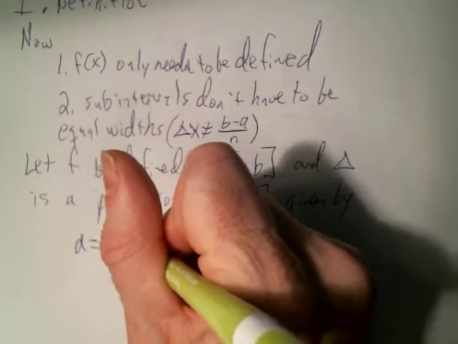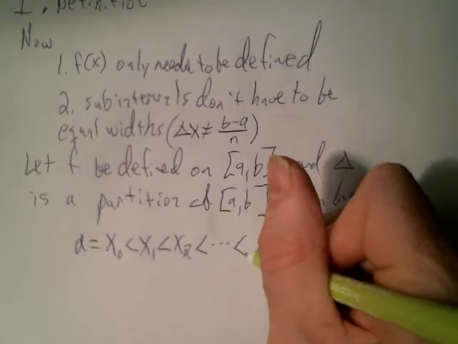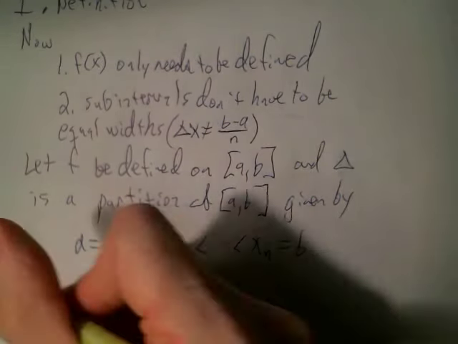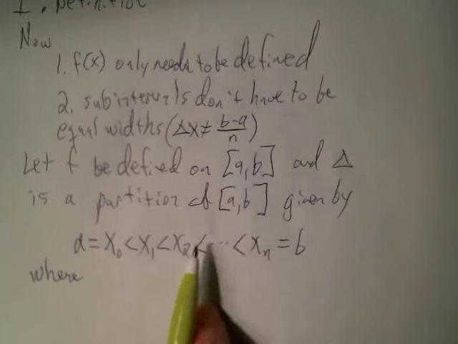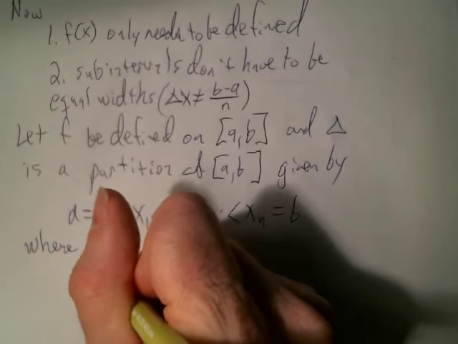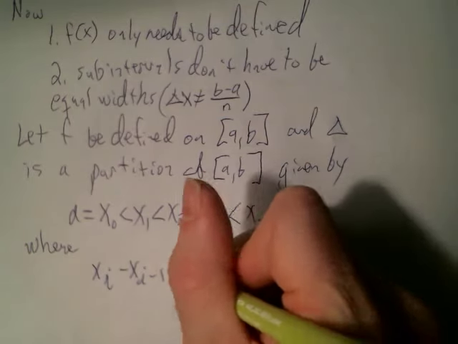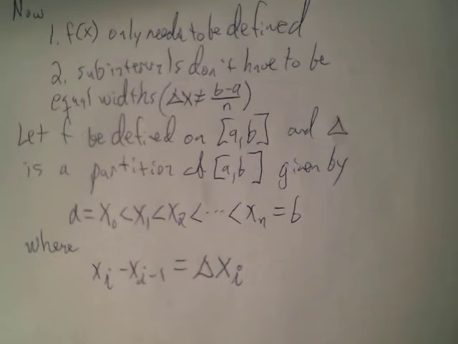x sub 0 less than x sub 1 less than x sub 2 less than dot dot dot less than x sub n, which equals b, where now the intervals are not necessarily equal, right? So where x sub i minus x sub i minus 1 is going to be change in x, we'll call it change in x sub i, because now the width of those intervals is dependent on which interval you're dealing with.